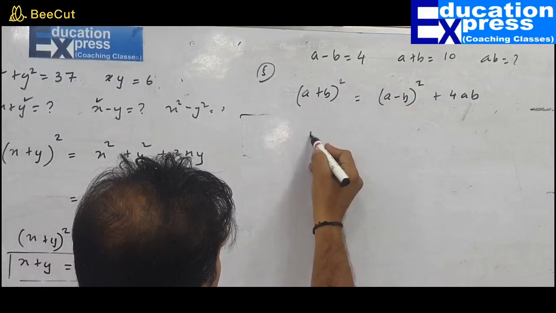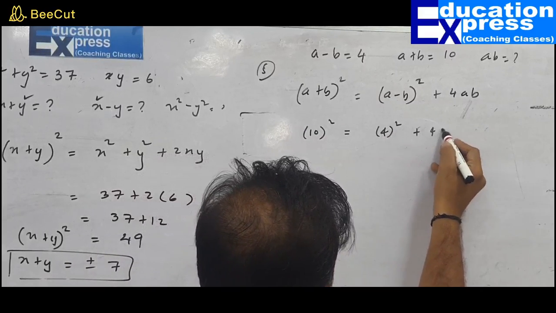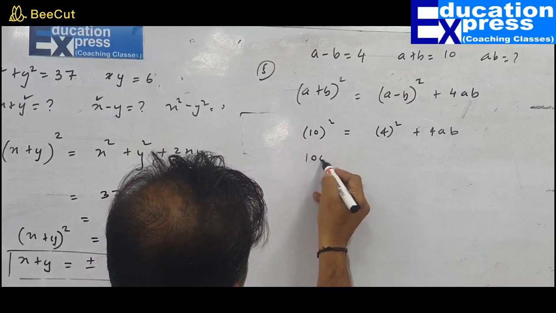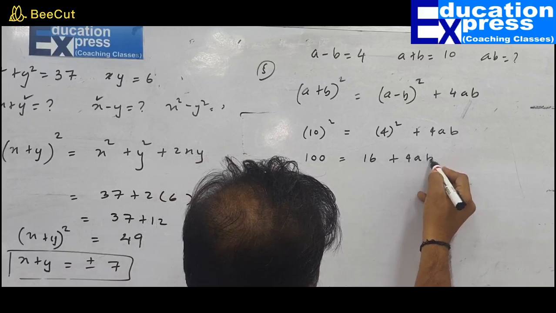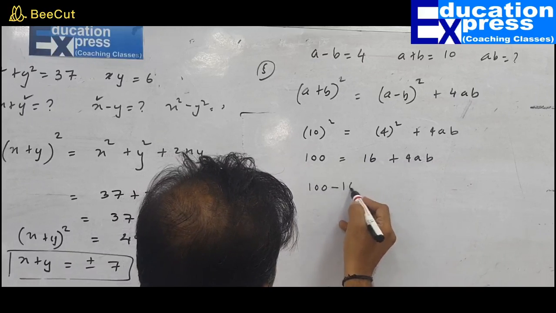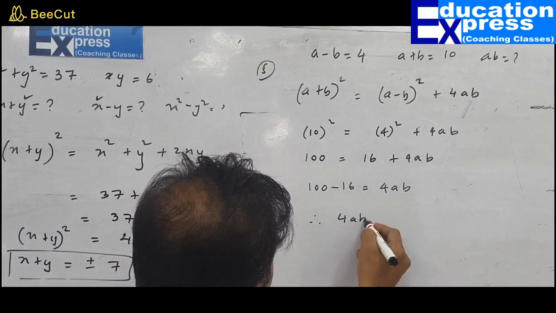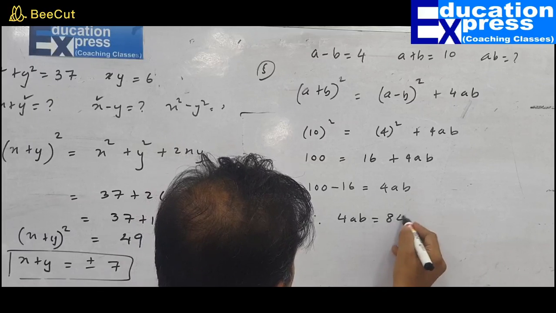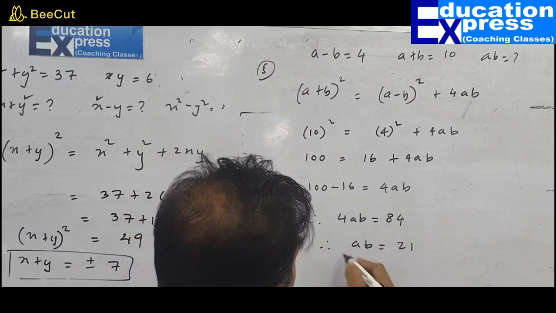Apply the values: 10 square, 4 square, 4ab. This will be 100 equals 16 plus 4ab. 100 minus 16 equals 4ab. Therefore, 4ab equals 84. Therefore, ab equals 21.